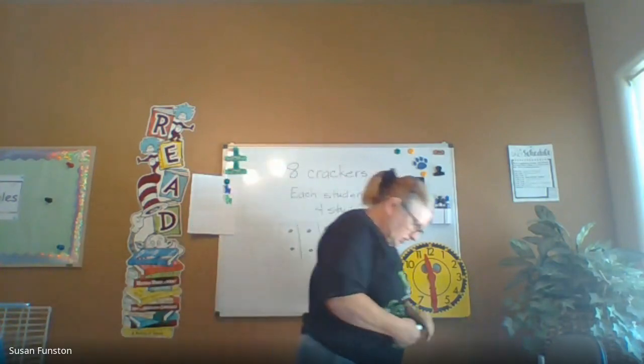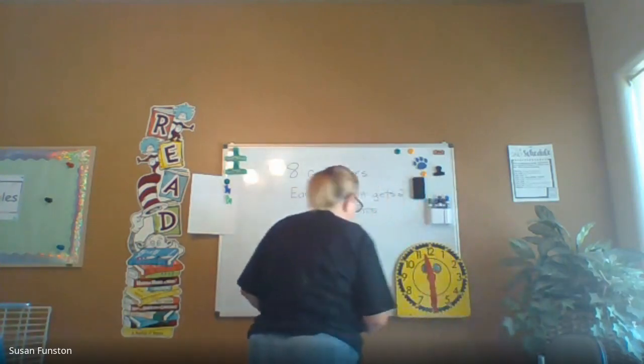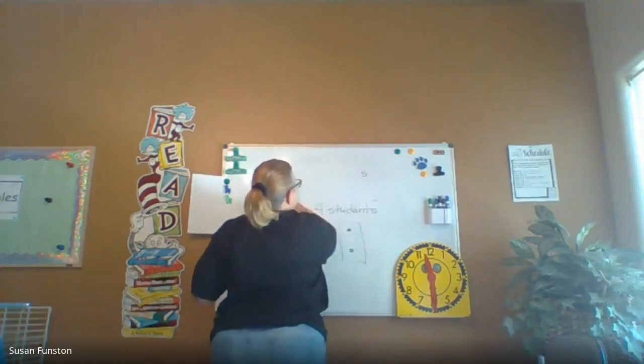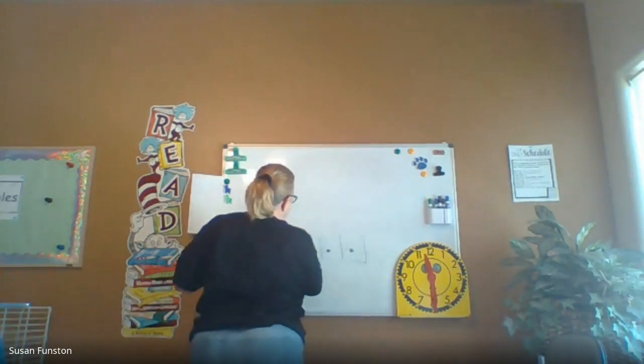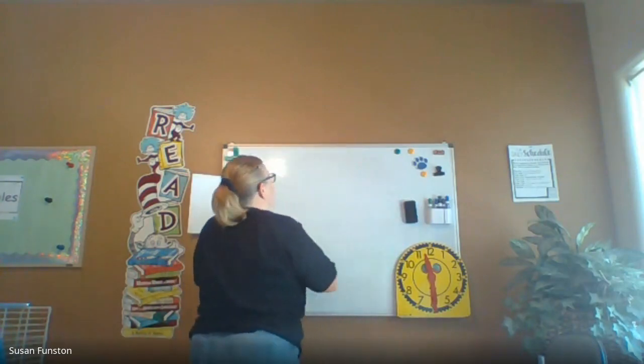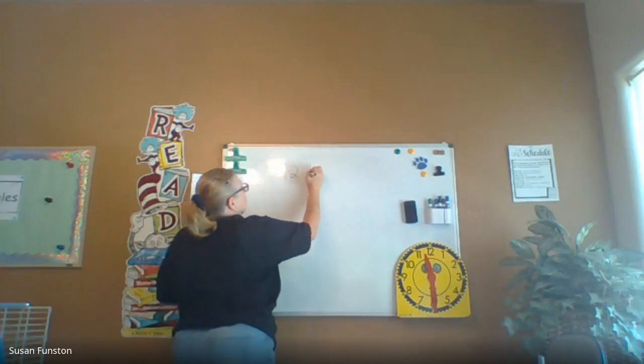All right, I think you guys are doing great. Let's take a look at one more where we don't know how many groups we have. So let's say I have 12 baseball cards.